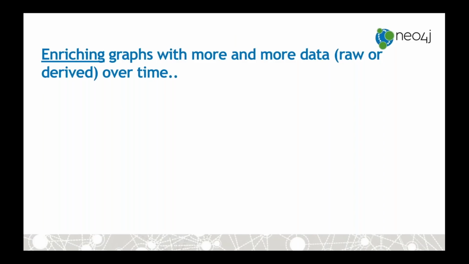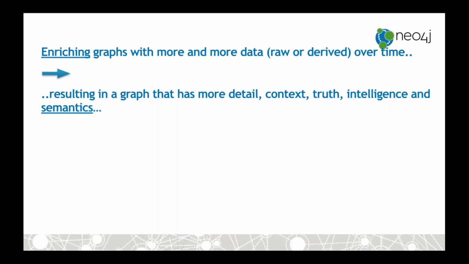So I'm going to walk you through a step-by-step definition of what I think a knowledge graph is. The idea is that we are enriching a graph, and I'm going to talk about how you may enrich a graph a bit later on, with more and more data, either raw or derived over time. That means you get a graph that's even more detailed, has even more context, has truth.